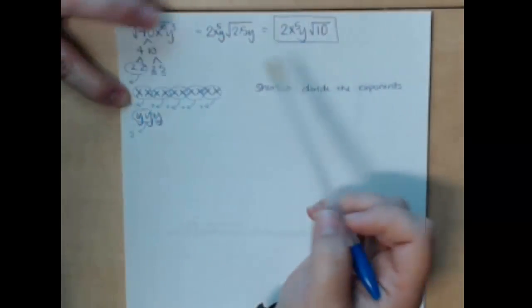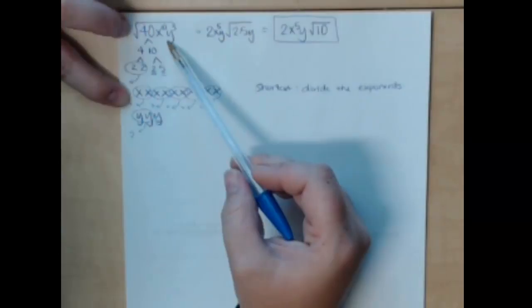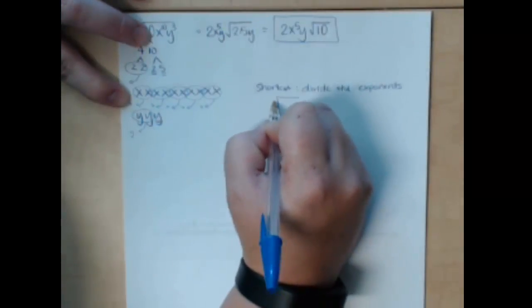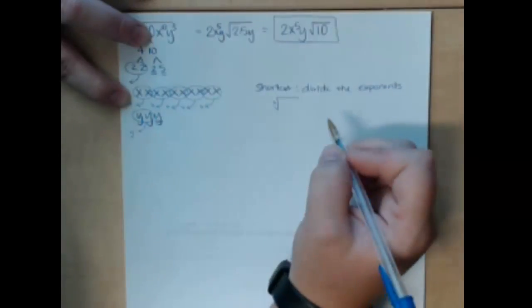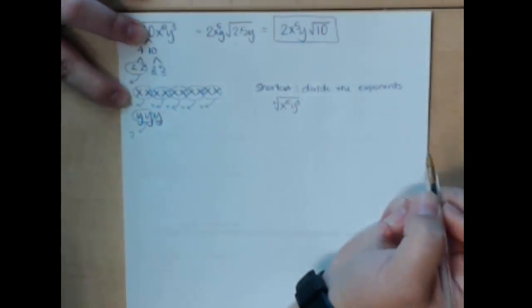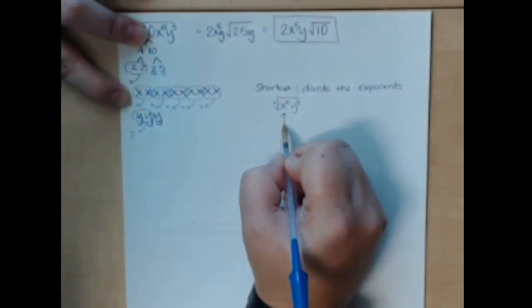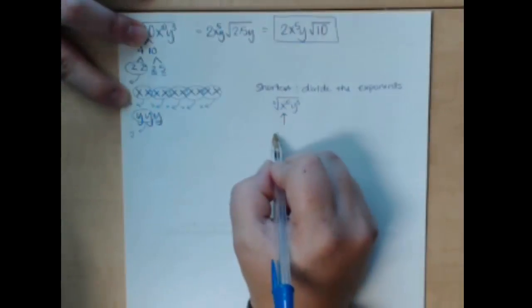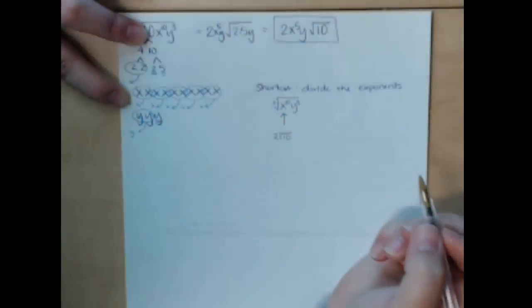Okay? So in other words, if I'm looking at this problem I just did, I'm just going to ignore the 40. If I am looking at the square root, right, and I'm going to go ahead and write the 2 in there just so we see the number, the square root of x to the 10th, y to the 3rd, if I look at the x's, I can just divide these 2 numbers, right? I can say 2 goes into 10 how many times?